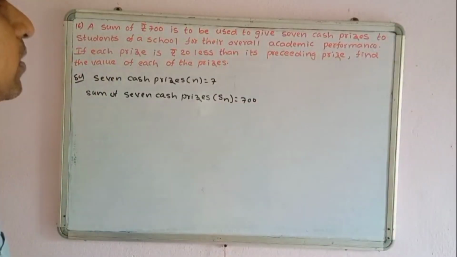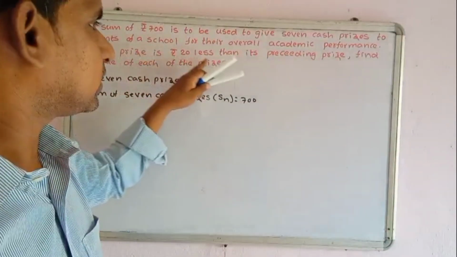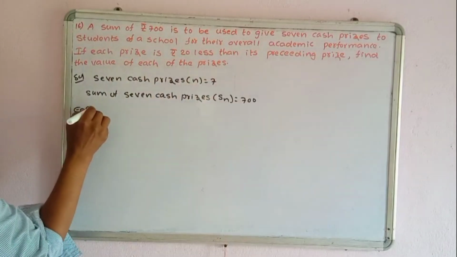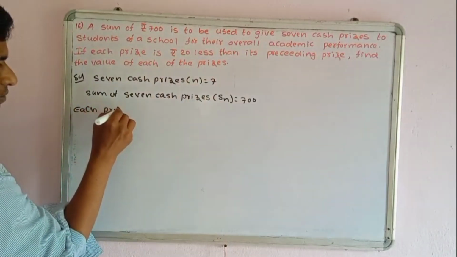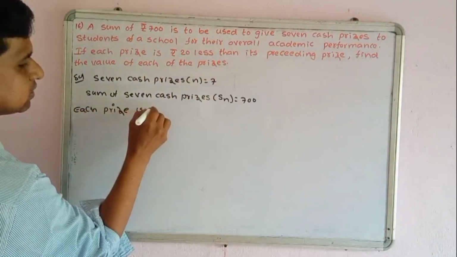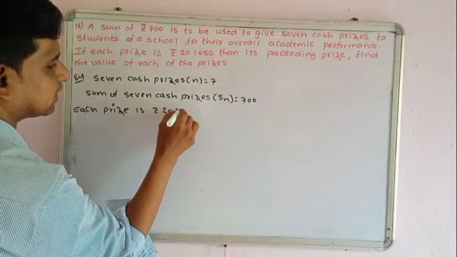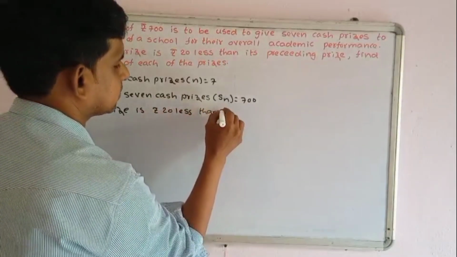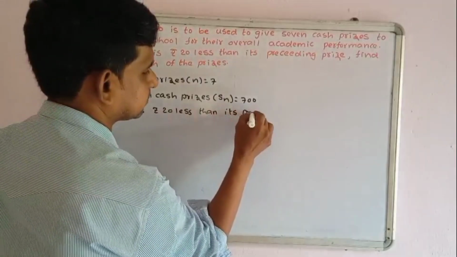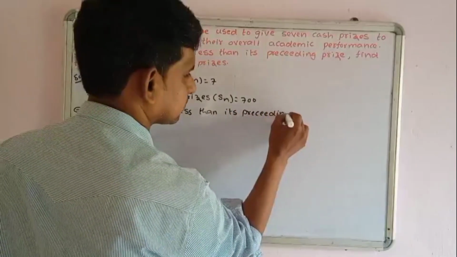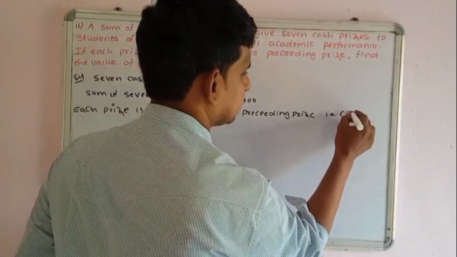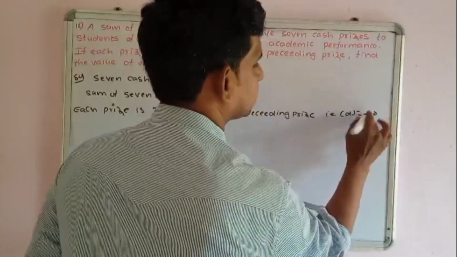Next, each prize is rupees 20 less than its preceding prize. That means d equals minus 20.